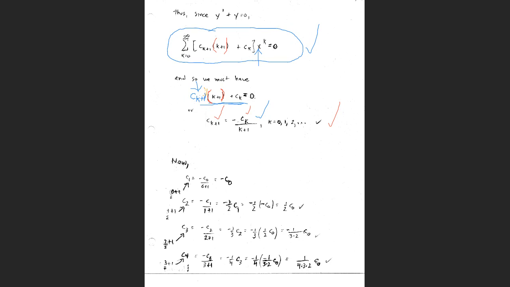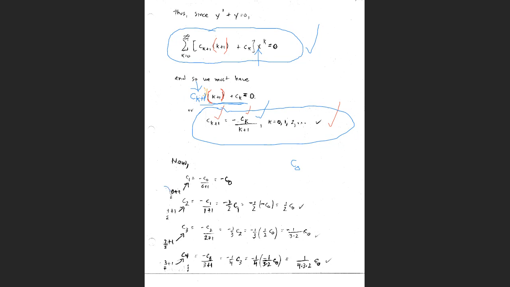Okay, so now that we have this recursion relationship, we can start identifying what the coefficients are going to be. I start off with c sub 0. I have to have some starting point. So c sub 0 is some coefficient. Well, what would c sub 1 be? What's k equal to?